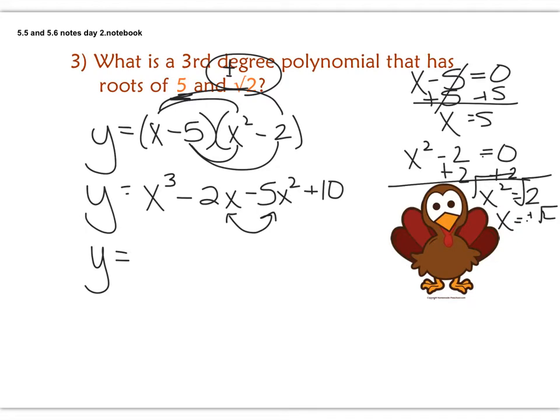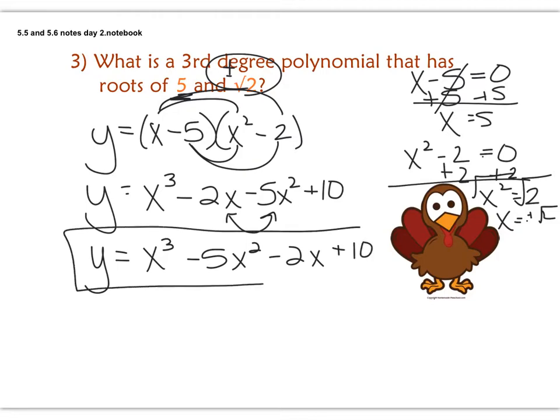So this is not written in the right order. So it would be x cubed minus 5x squared minus 2x plus 10. And this is the third degree polynomial. See, it's third degree, right? Third degree. If I would go ahead and solve this, then I would get the answers of 5 and plus or minus radical 2.